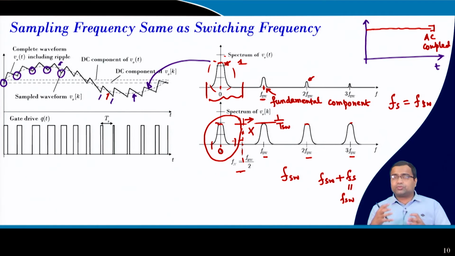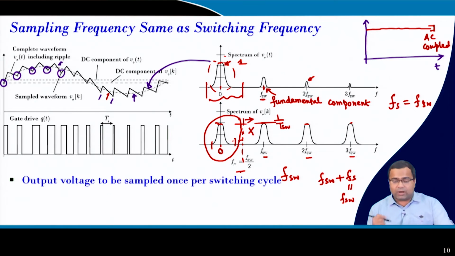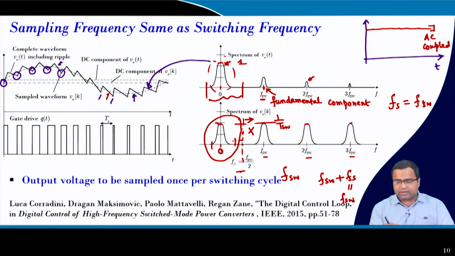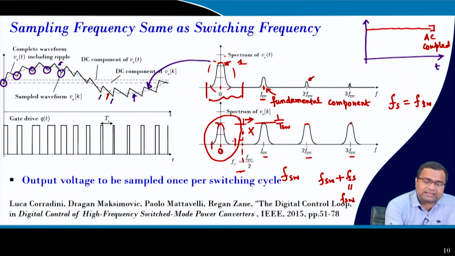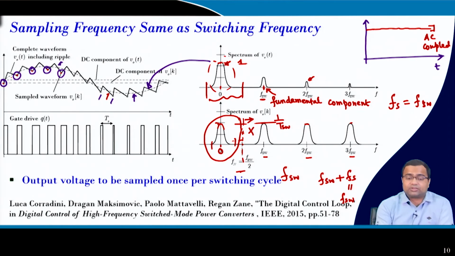So, to avoid this aliasing effect, one sample per cycle is considered very good from the power spectrum point of view, and you can get more detail in this book, and there are multiple papers on that. But the only thing we can miss is that, due to this reduction in the spectral peak, you may lose something, because you are only taking the bottom value of the sample, and if you take the average, it is somewhat smaller than the actual average voltage.